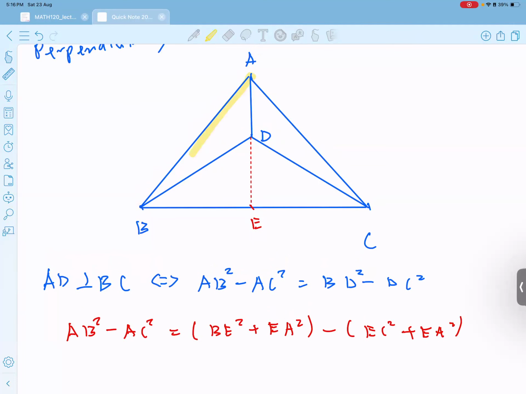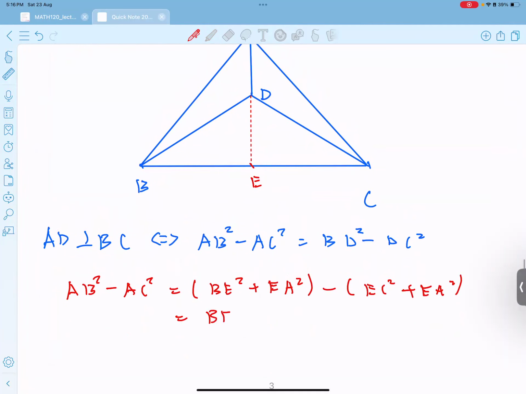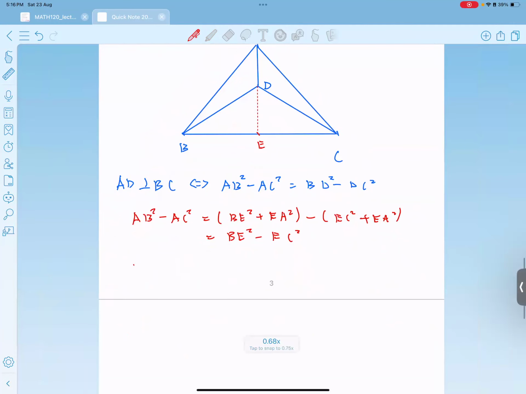So this triangle and this triangle, and use Pythagoras. EA squared cancels out, which is obvious, and you have BE squared minus EC squared. And then similarly, BD squared minus DC squared would be BE squared plus ED squared minus EC squared minus ED squared, which is also equal to this, and we're done.